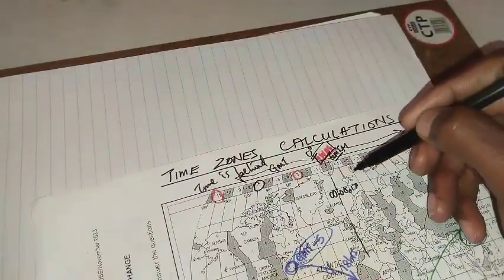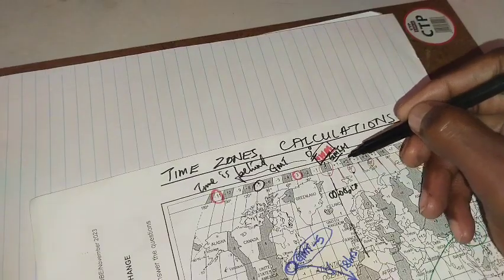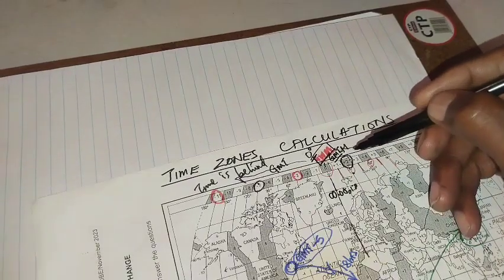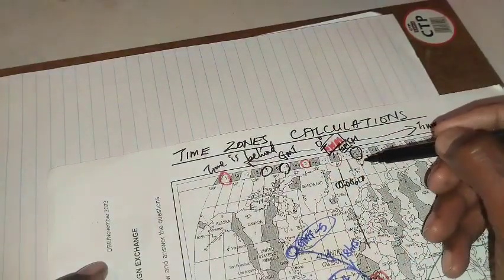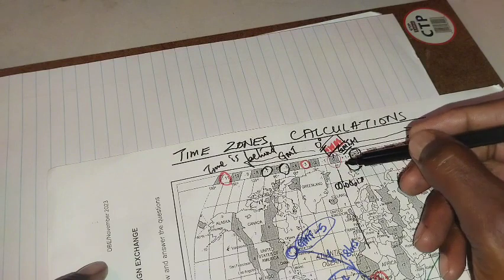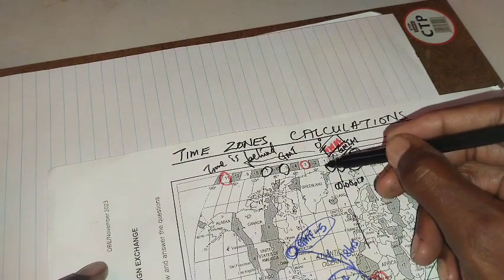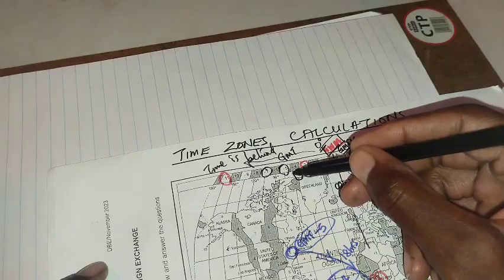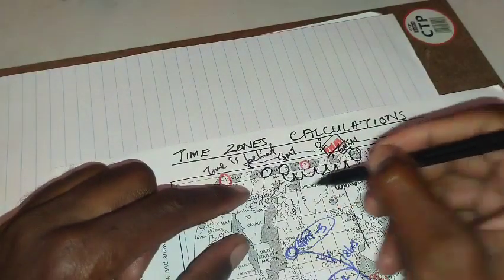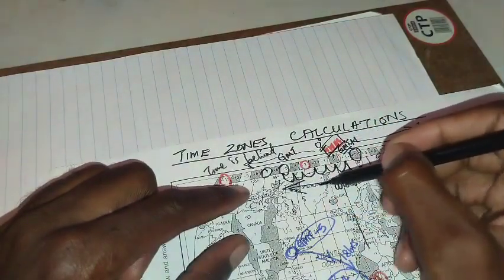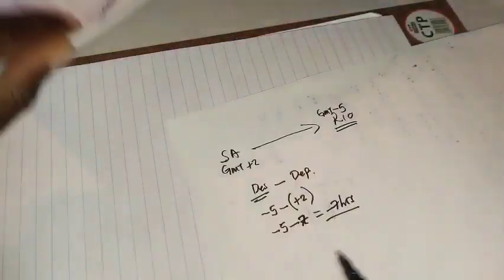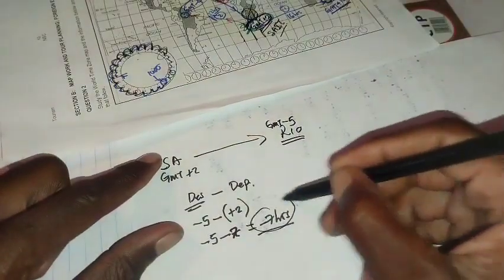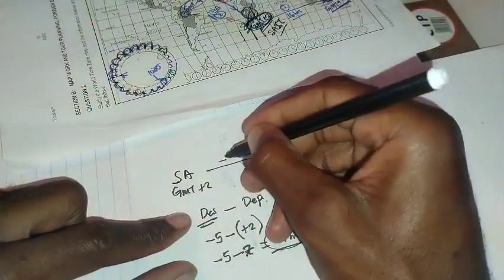You can actually go on the South African time, which is on +2, and the Rio de Janeiro is on -5. So you can actually count going backwards: 1, 2, 3, 4, 5, 6, 7. But since you are going on the left, it is negative, it is minus. So that is where you get this -7 hours. So the difference between the two is -7 hours.